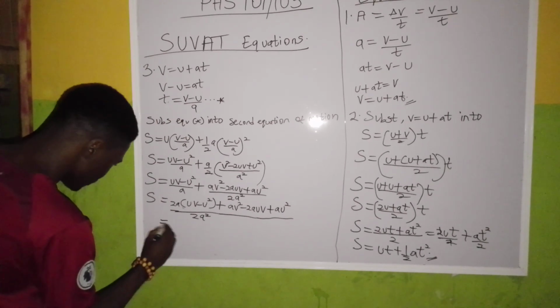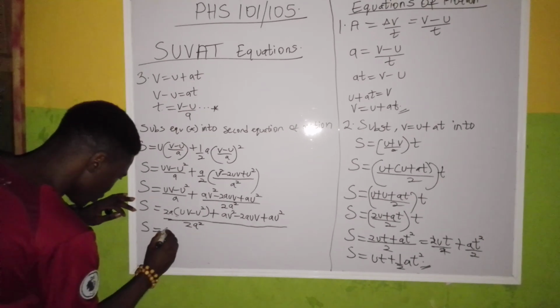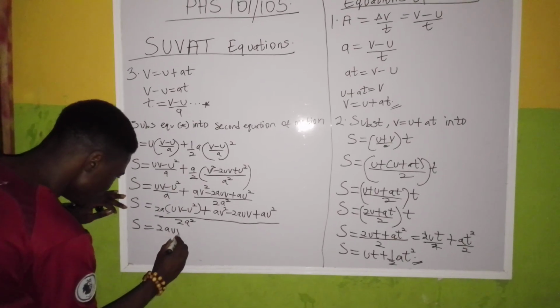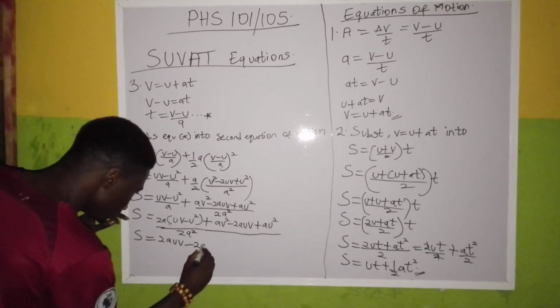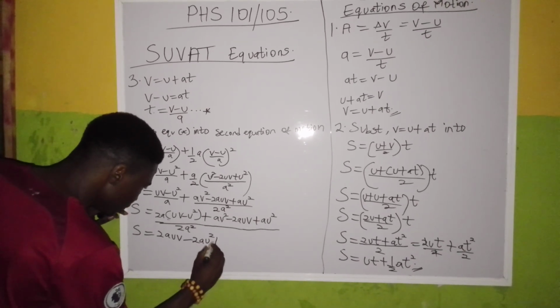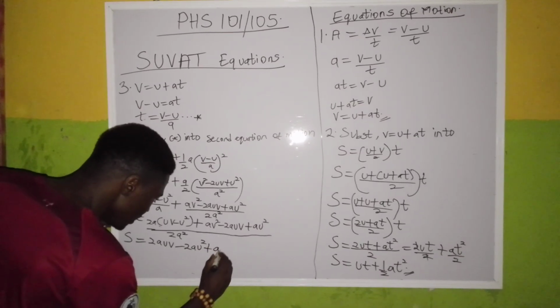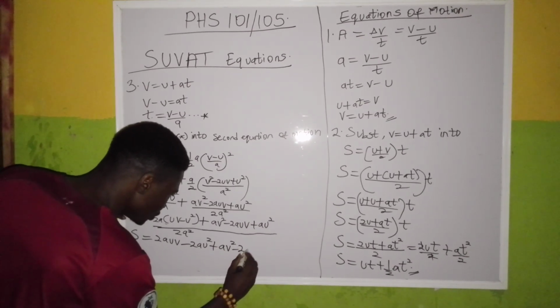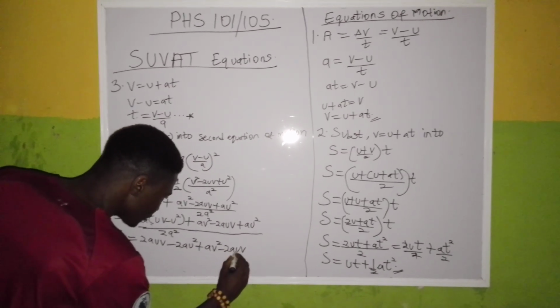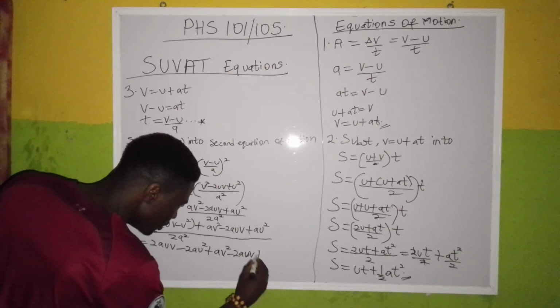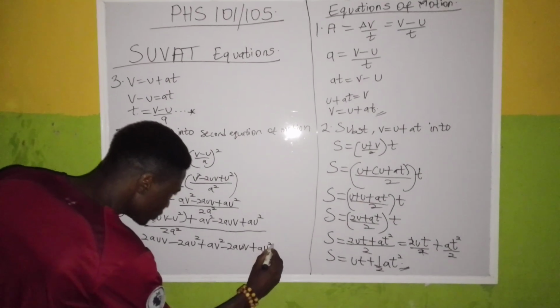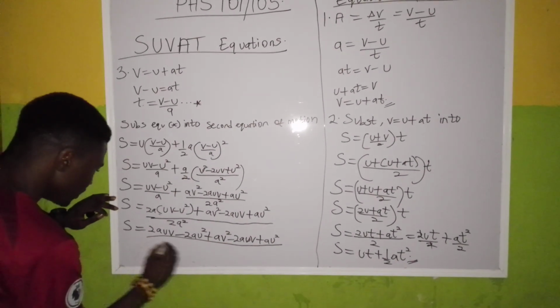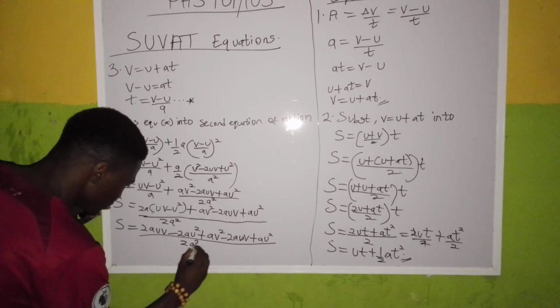So we'll simplify this further. That will be s equals 2auv minus 2au squared plus av squared minus 2auv plus au squared, everything divided by 2a squared.